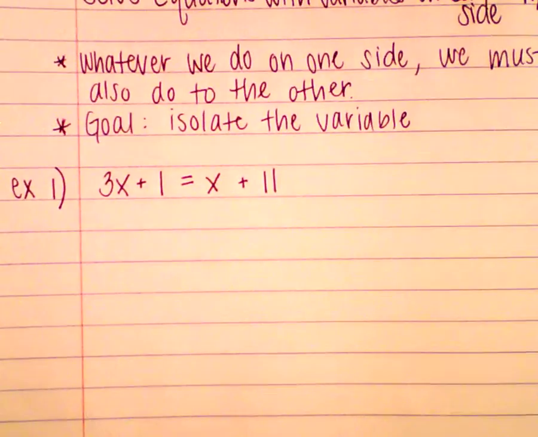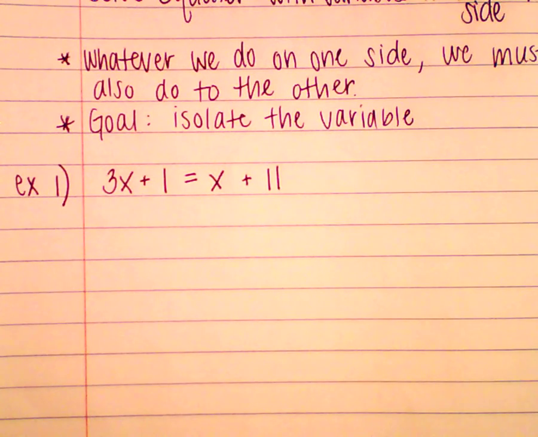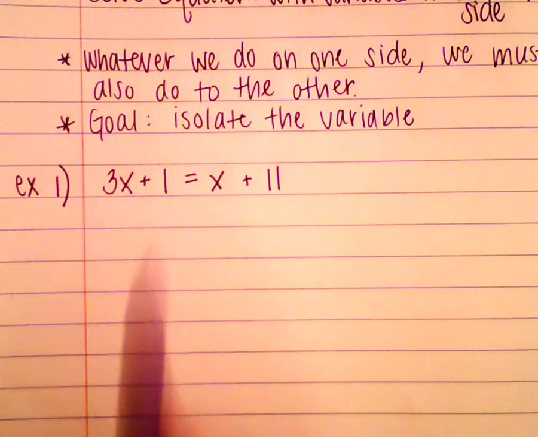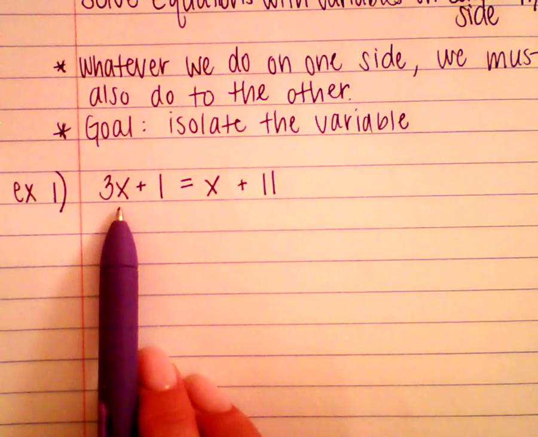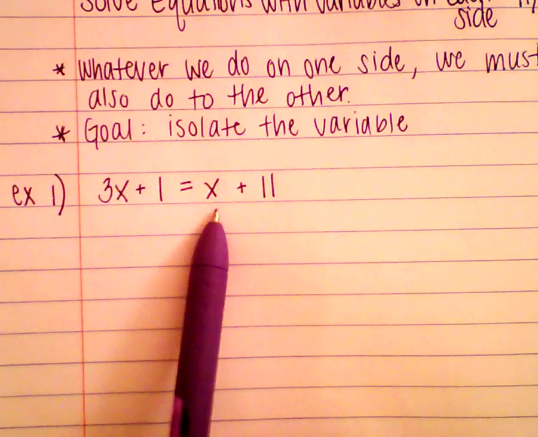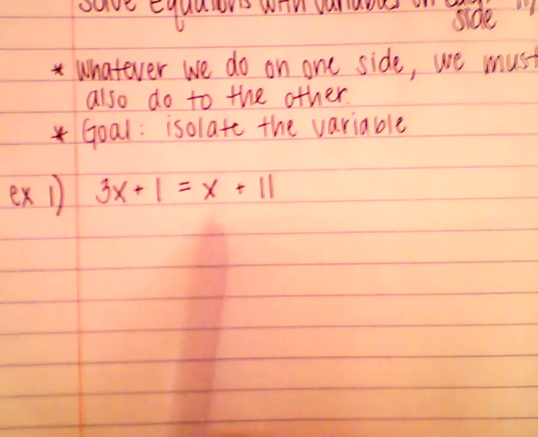Okay, so example 1 says 3x plus 1 equals x plus 11. So the only difference here from what we're used to is that we see we have a term with an x over here on the left. We have this x over here on the right.